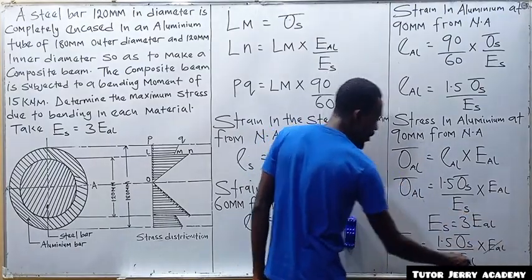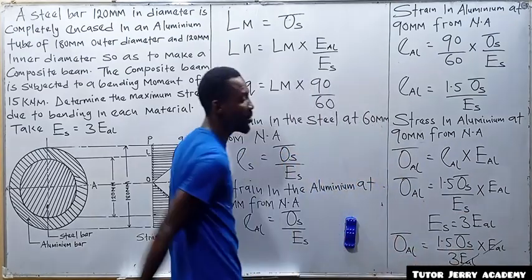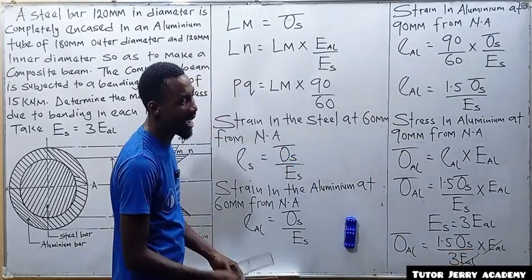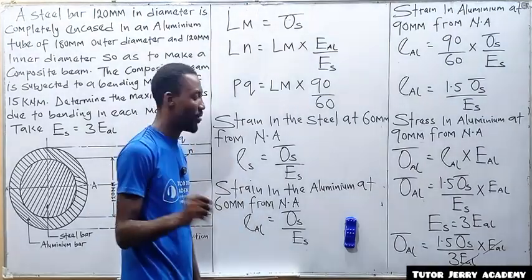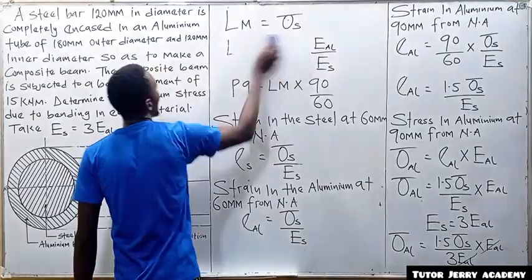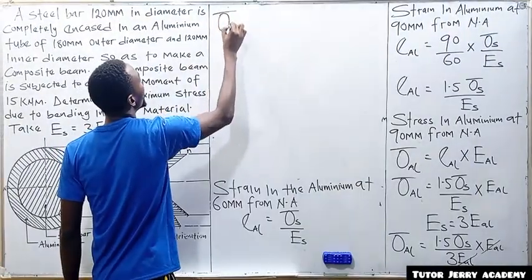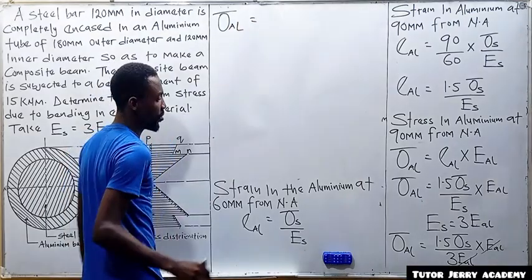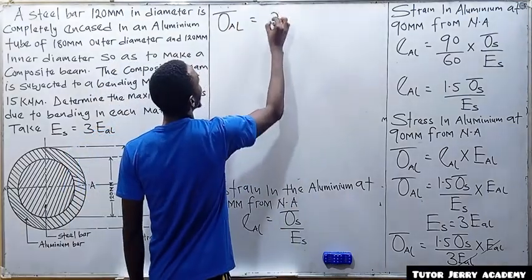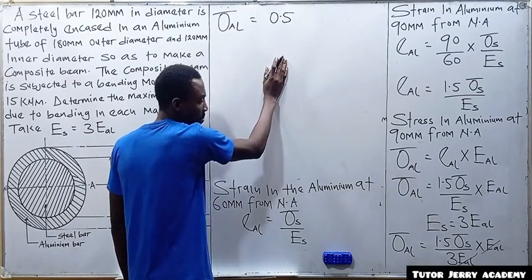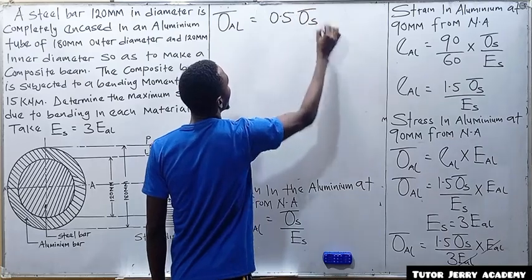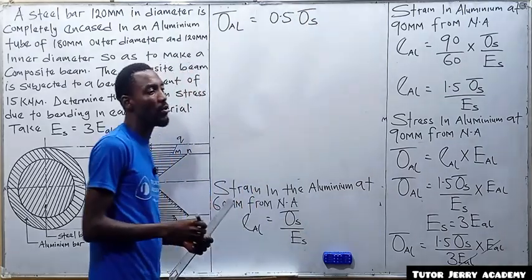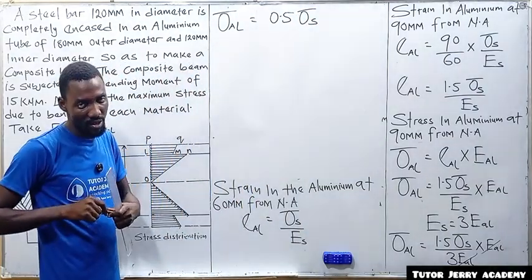So we cancel out the modulus of aluminium, and 1.5 divided by 3 gives us 0.5. So the stress in the aluminium is equal to 0.5 multiplied by the stress in the steel. I hope you grab the concept.